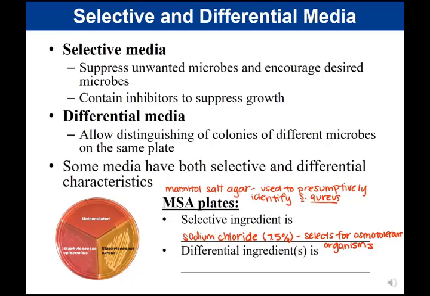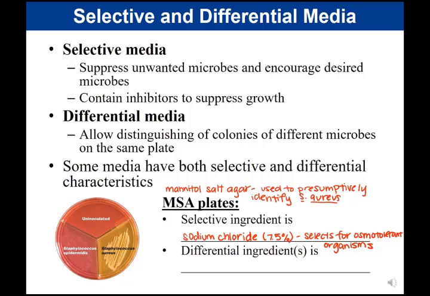It selects for the growth of some while inhibiting others. Bacteria found on the skin, on the other hand, would be considered osmotolerant because bacteria found on the skin would likely be able to tolerate high salt. So Staph aureus could grow on this plate, Micrococcus luteus, which is another type of skin bacteria, and Staphylococcus epidermidis, another type of skin bacteria. Those organisms could all grow on an MSA plate.